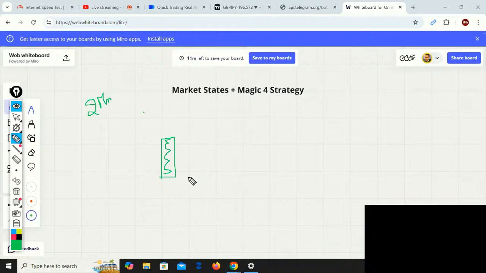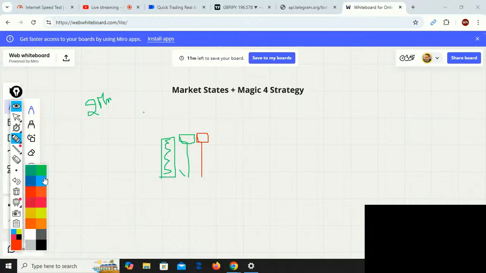Second event is the bottoming tail bar with a small body. It can be green and it can be red as well. No issues. Same event. Long wick, small body.